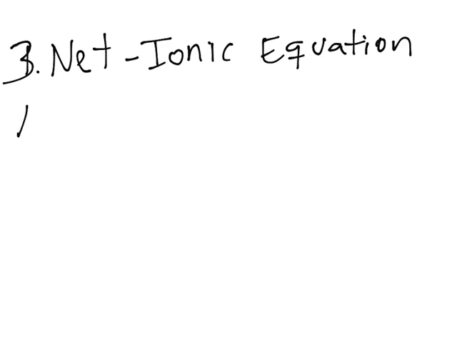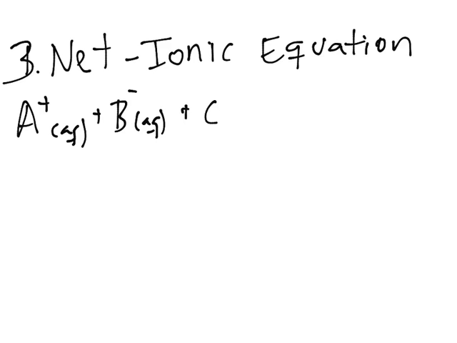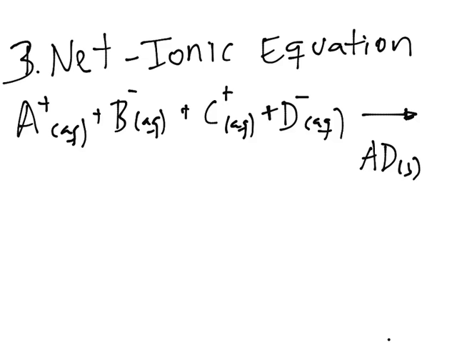So we had A plus aqueous plus B minus aqueous plus C plus aqueous plus D minus aqueous. And then what this formed was AD, a solid, plus C plus aqueous and B minus aqueous.